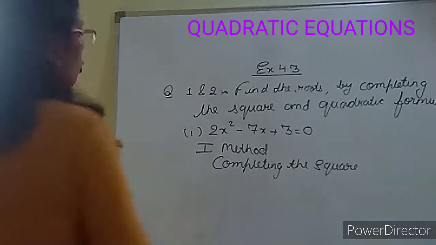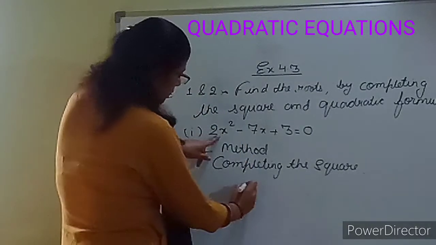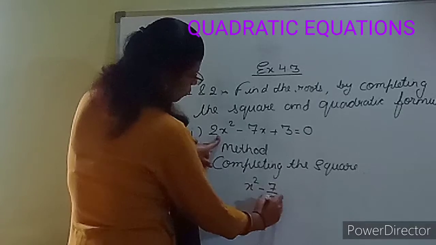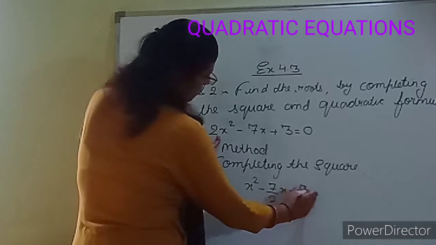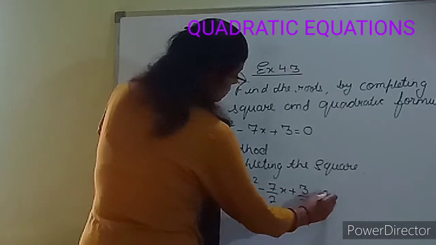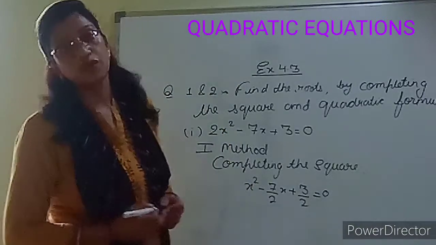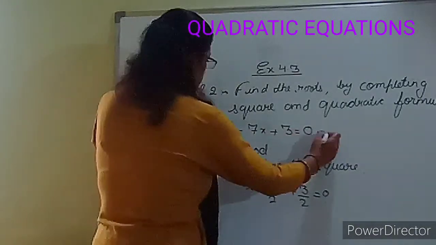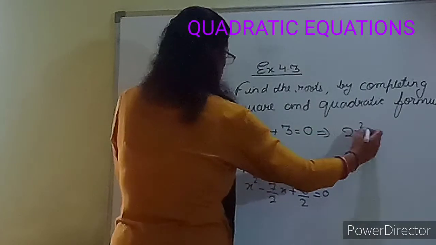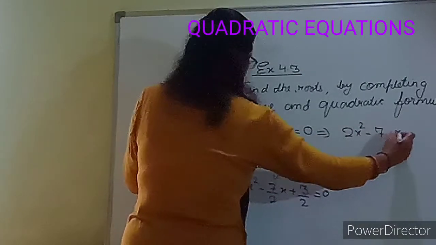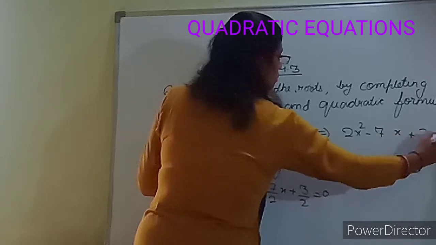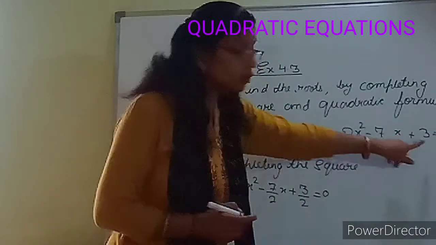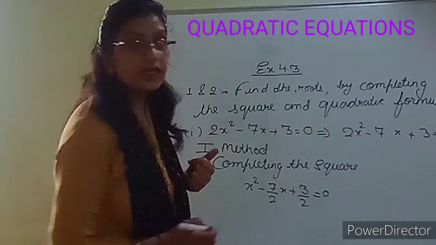Now take 2 common. So what will we get? x square minus 7 upon 2x plus 3 upon 2 equals to 0. How did it come? The equation can be written as 2x square minus 7x plus 3 equals to 0. To take 2 common, but 2 is not there, how can we take it common?